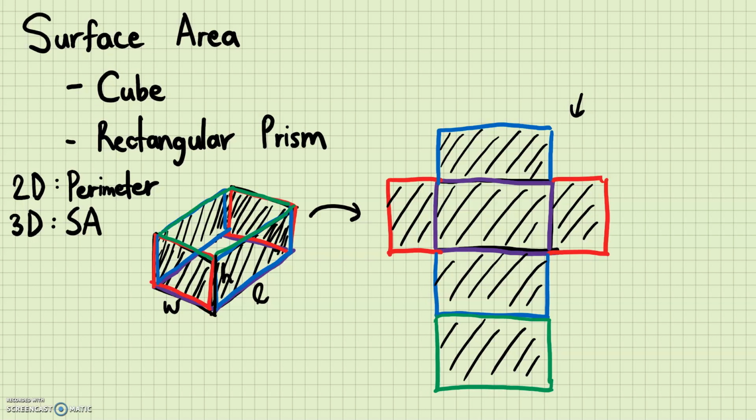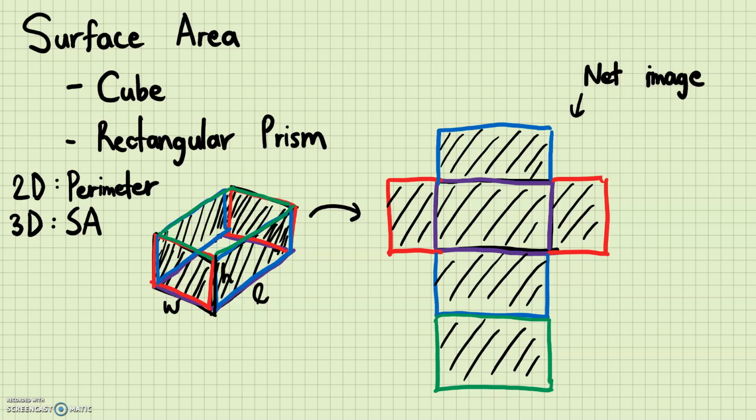Looking back at this, it is called the net image. If you open up a three-dimensional object onto 2 dimensions, you get a net image, and this helps us to calculate the surface area.